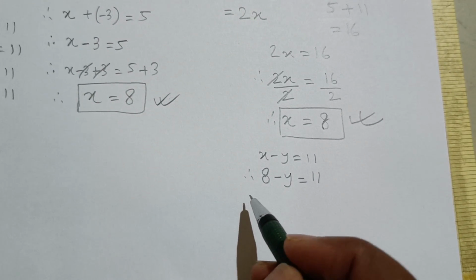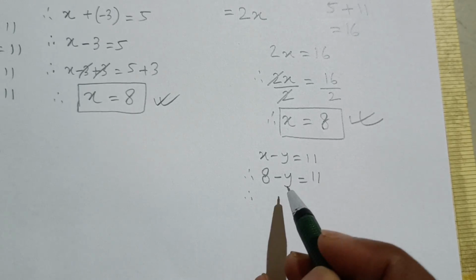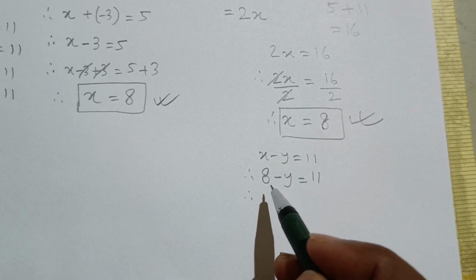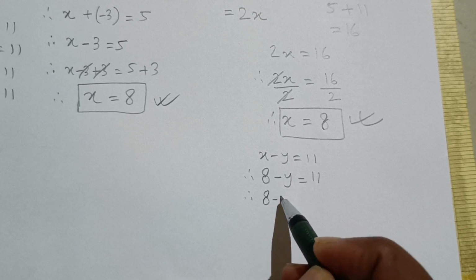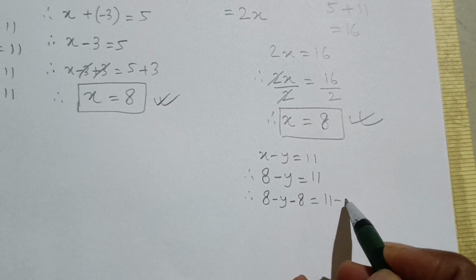So now let us solve this. Now this is a linear equation in one variable. So we have to find the value of the variable y. So I am going to subtract 8 from both the sides. So 8 minus y minus 8 is equal to 11 minus 8.